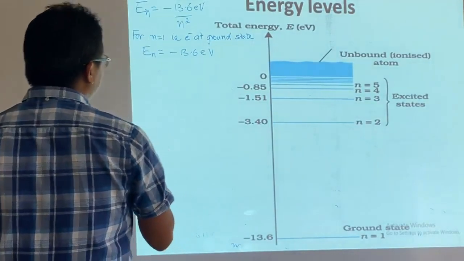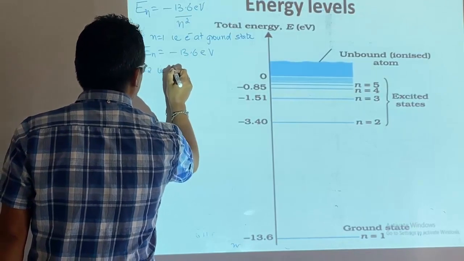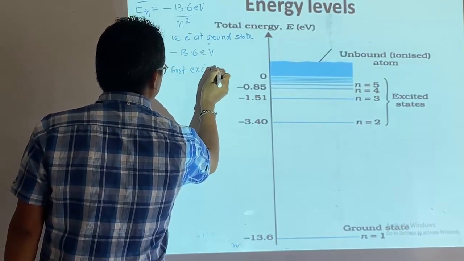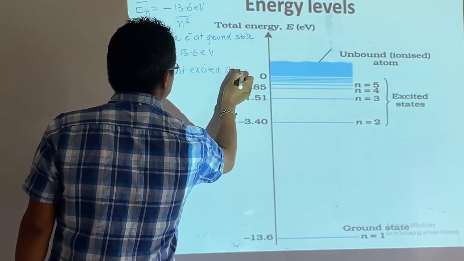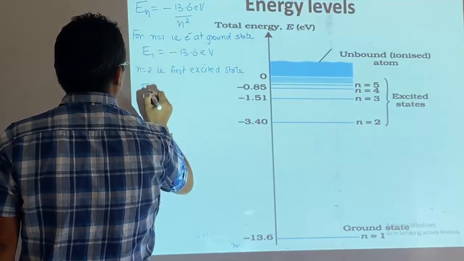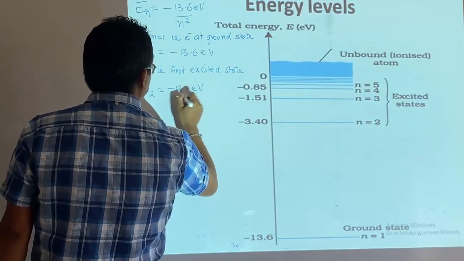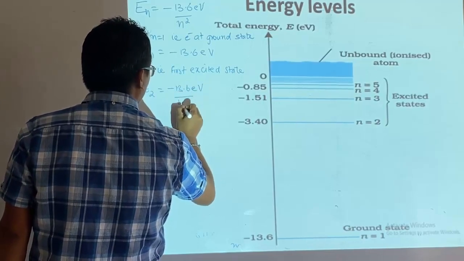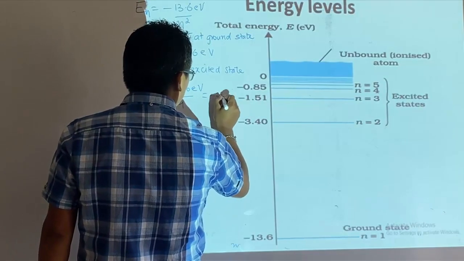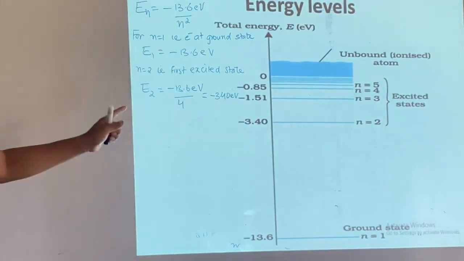The first excited state is n equal to 2. I'm sorry, this is 1. For n equal to 2, the value comes around minus 3.40 electron volt. This is the first excited state.